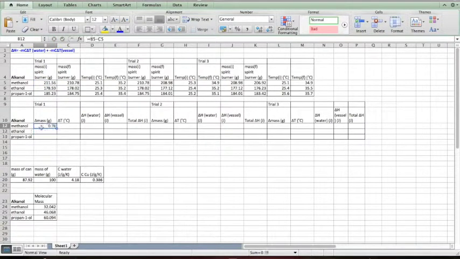Once you've got that, you can then just pull it down and it'll calculate the others because it's dragged the equation through. Temperature change, same deal here. So we go equals temperature final, take away temperature initial, enter, and once again we can simply drag that down.